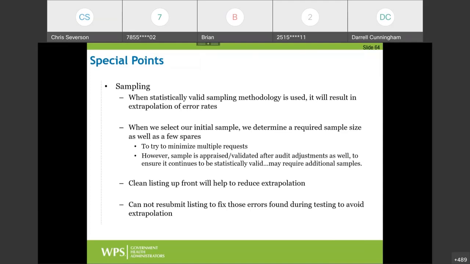It just tries to minimize multiple requests. We're not going to ask you for 50 extra spares or anything like that. Usually it's about 5 extra spares just to be on the safe side. Or at the very least, if you have the data ready, you don't necessarily need to submit it, but have it ready. We just don't want to come back to you with a surprise request, basically.